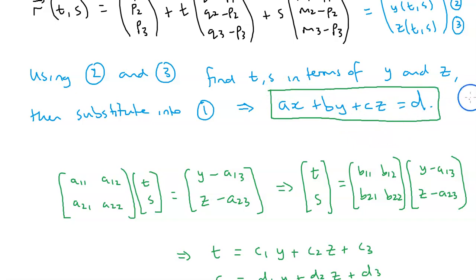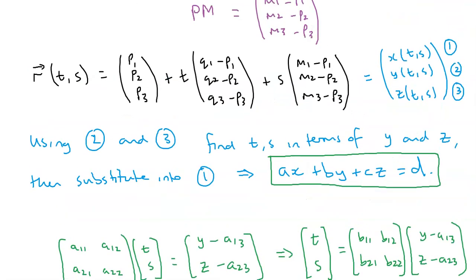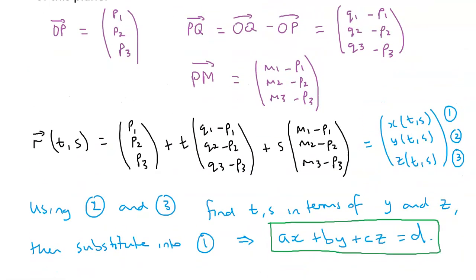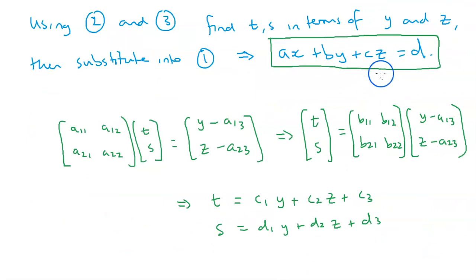Thankfully though, we don't have to do it this way. There's way easier and less time consuming ways to do it. Although when we have actual numbers instead of M1 and P1 and Q1 and P1, it's going to be easier and faster anyway if we wanted to do it this way, but we don't have to do it this way.